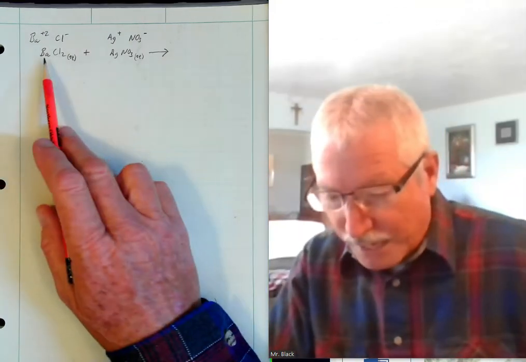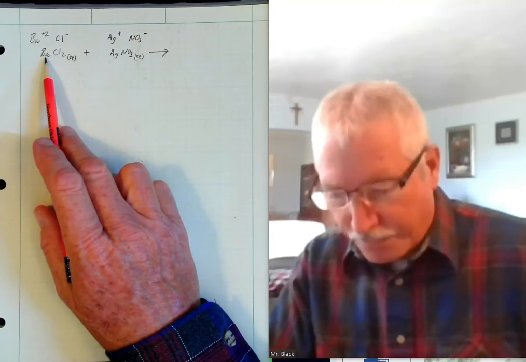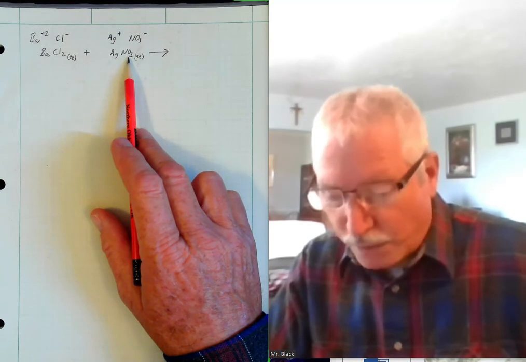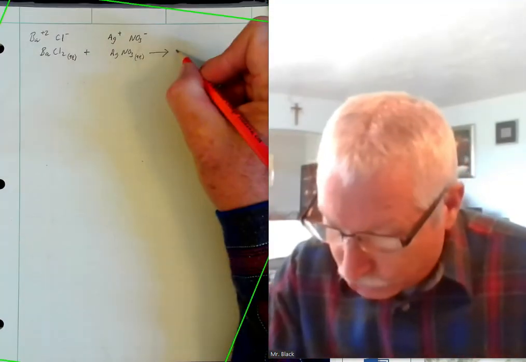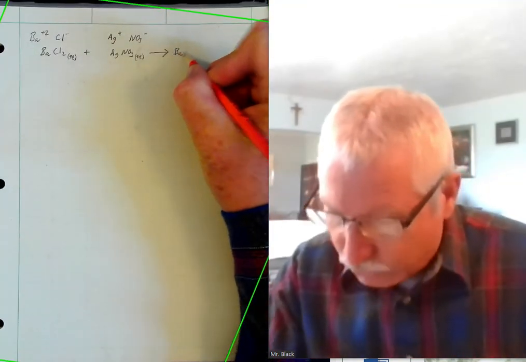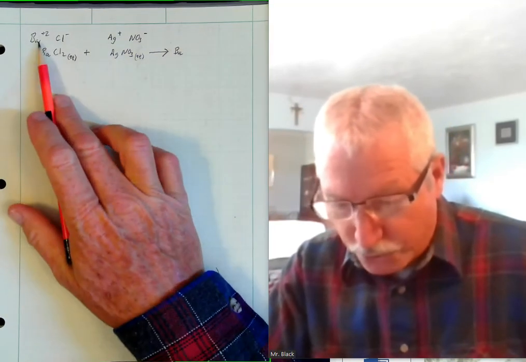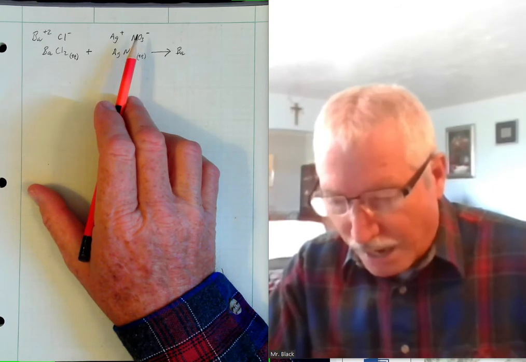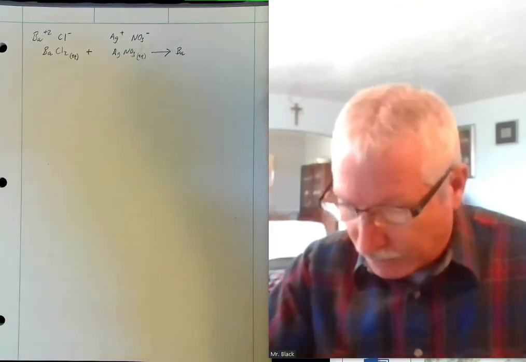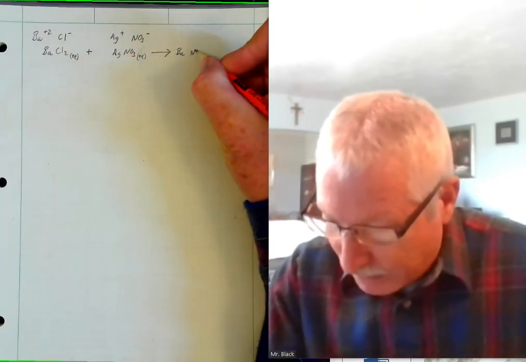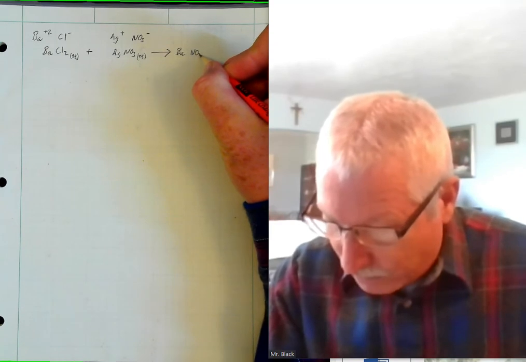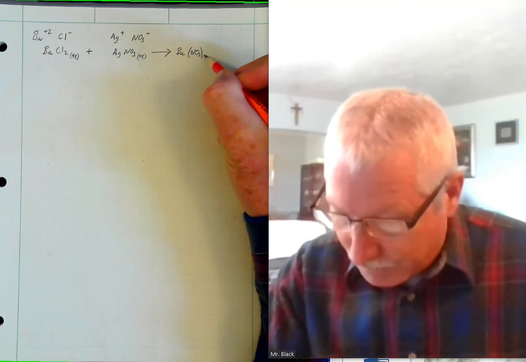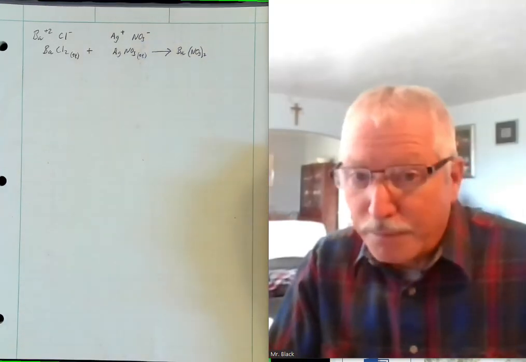What happens if we take this positively charged barium and we put it together with a negatively charged nitrate? Well, if that is a potential product, I have to remember that my barium has a +2 charge on it. Each nitrate has a -1 charge on it. So I'd have to double up that nitrate, wouldn't I? Okay, so let's again think of the nitrate as an element almost all to itself. If I want to double it up, I have to make sure I double up the entire thing.